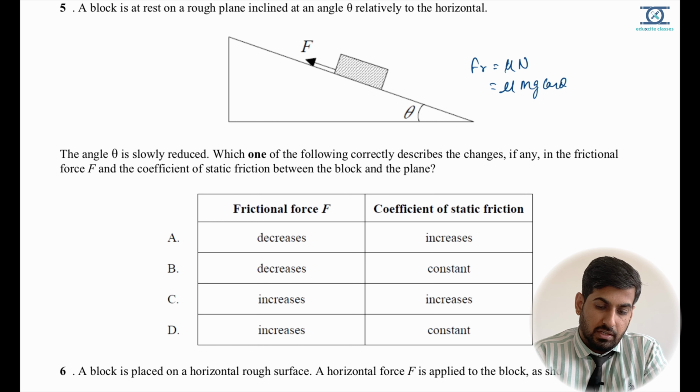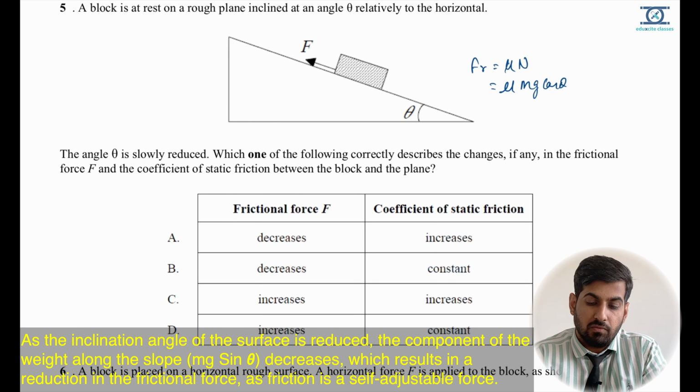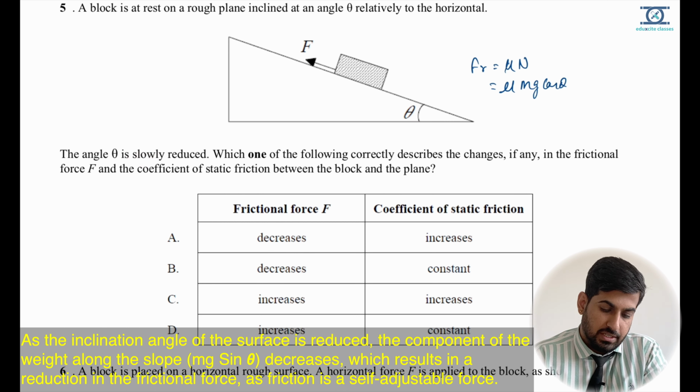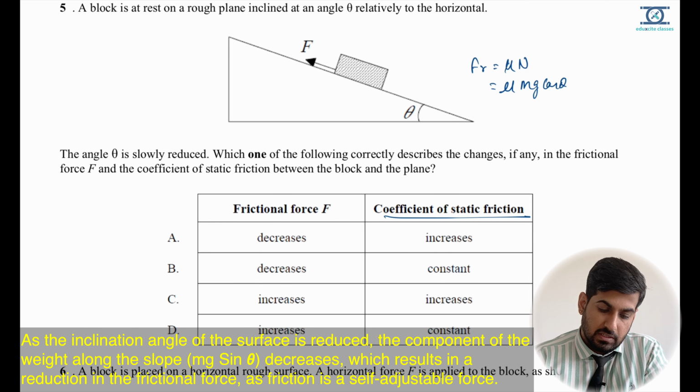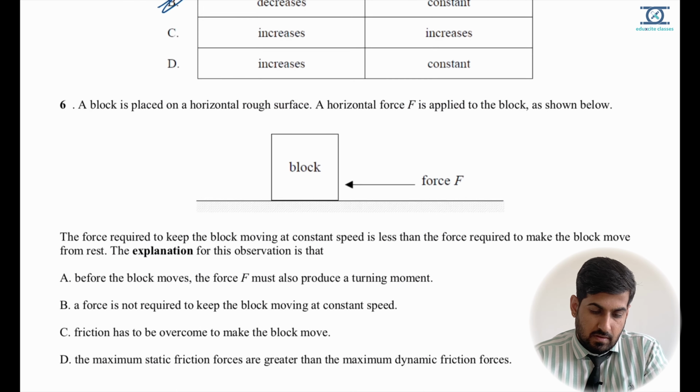Now if theta is decreasing, then the value of friction is increasing, right? So if theta is slowly reduced, the friction force will decrease, and there will be no change in the static friction because it doesn't depend on anything else. So B will be the right answer.